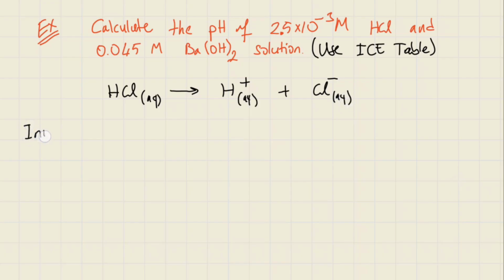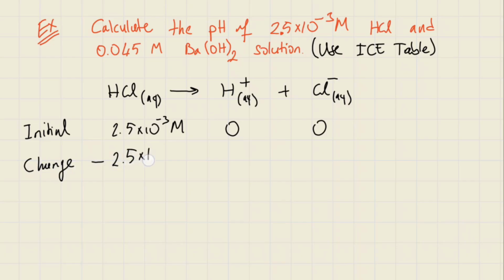So at initial we have 2.5 times 10 to minus 3 molar HCl. We don't have hydrogen ion or chloride, and there will be change. So it completely ionizes. So we deplete all the HCl and we create the same amount of hydrogen and chloride ions.